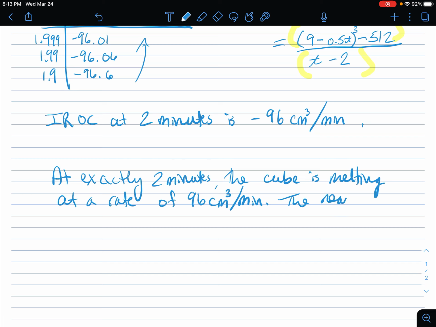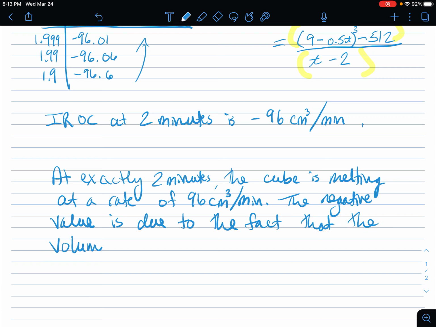The negative value is due to the fact that the volume is decreasing.